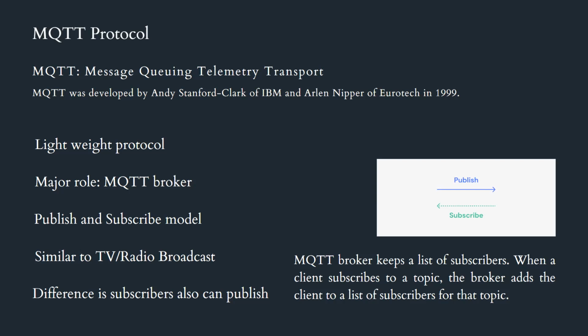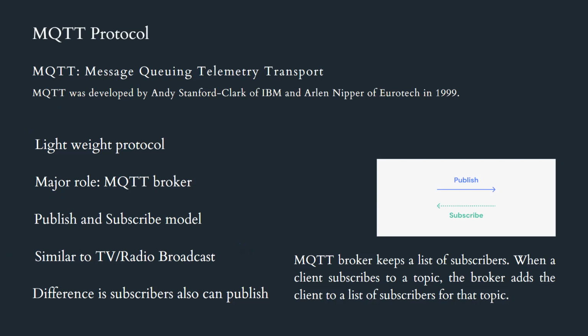The radio station cannot be the subscriber, and the user cannot be the publisher. Likewise, each person can only be one thing: one can only be the publisher, and the other can only be the subscriber. But in the MQTT protocol, each device can either be a publisher or a subscriber.